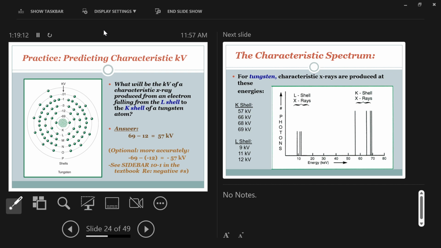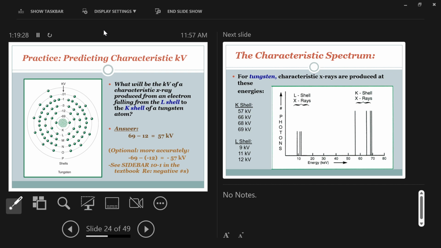So you set 65, all of your projectile electrons are 65 kV or less. So if you set 69.5 or 70 kV, then some of your electrons are moving that fast, and they can eject this guy.